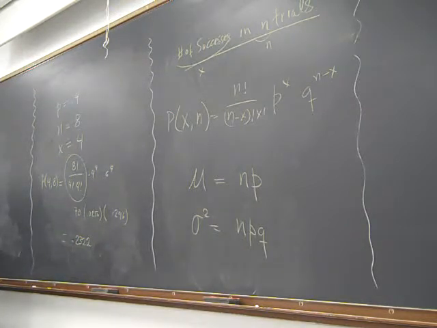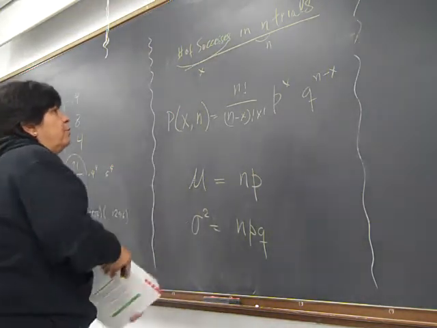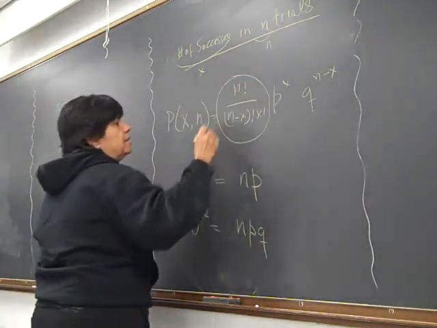That's 70? 70 is the combination. It's 8 factorial divided by 4 factorial times 4 factorial. That's 70. If you realize, this is the combination part of the formula.